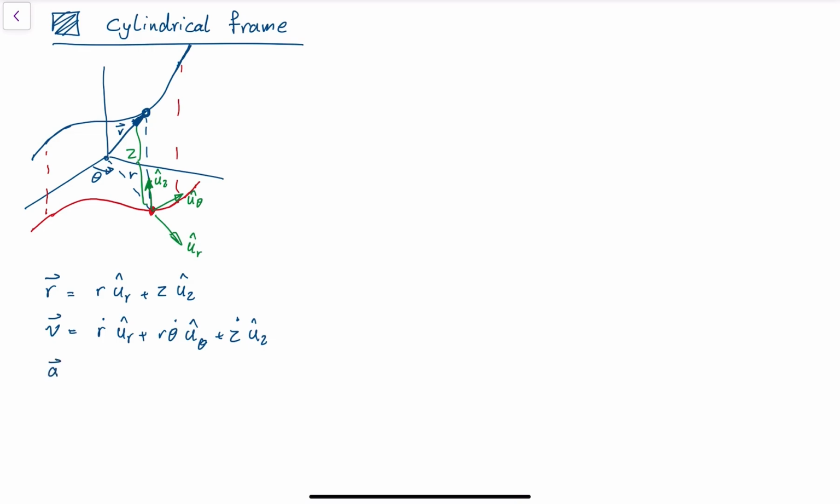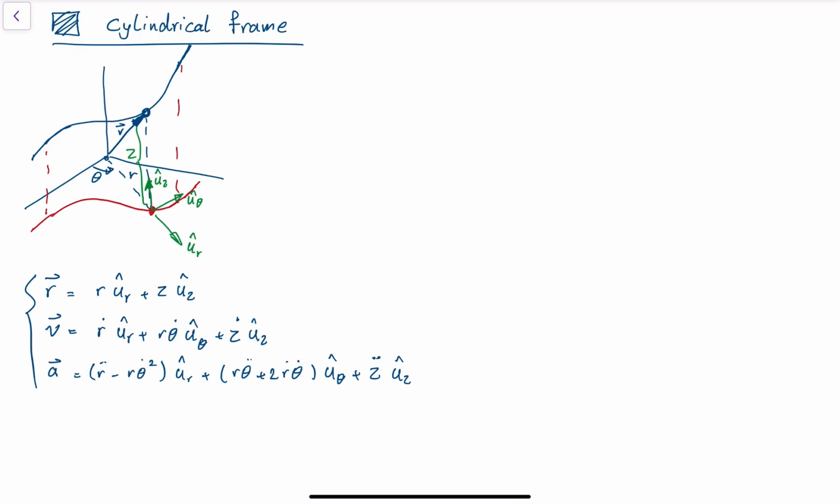And lastly, acceleration: r double dot minus r theta dot squared ur plus r theta double dot plus 2 r dot theta dot u theta, and adding acceleration in the vertical component, z double dot uz.